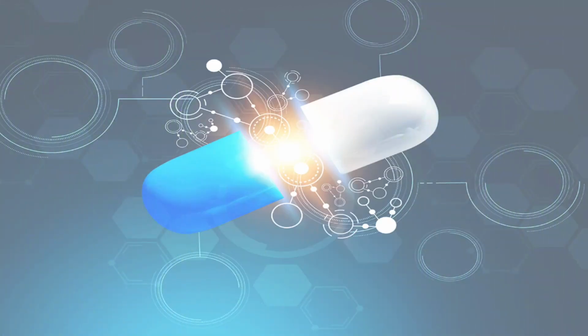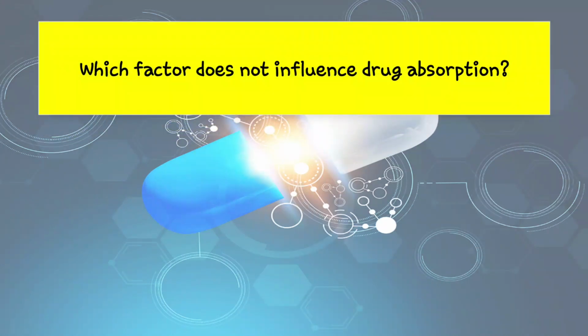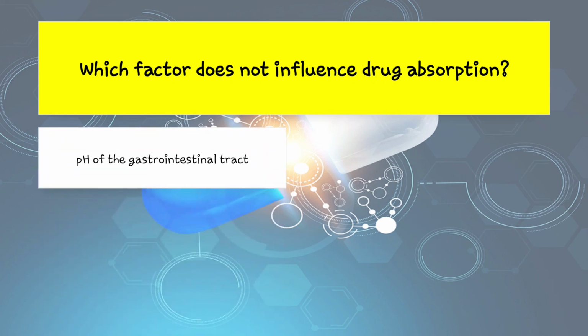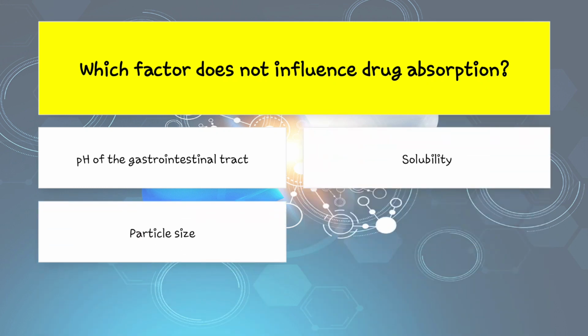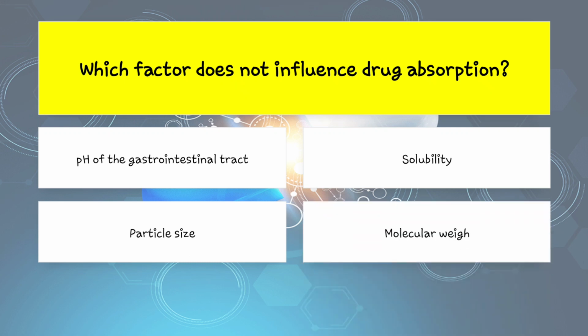Moving to next question. The question is, which factor does not influence drug absorption? And the options are A. pH of gastrointestinal tract, option number B. Solubility, then the next option is particle size, and the last option is molecular weight. Your time starts now.